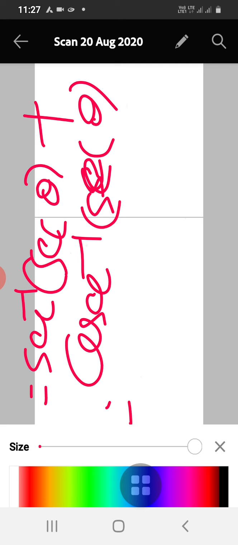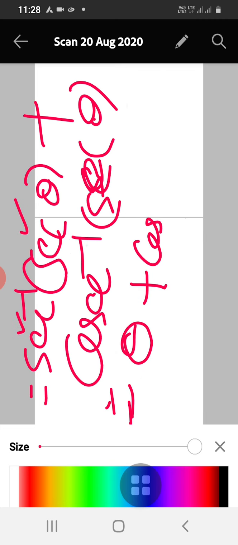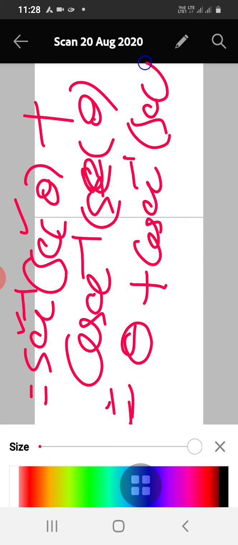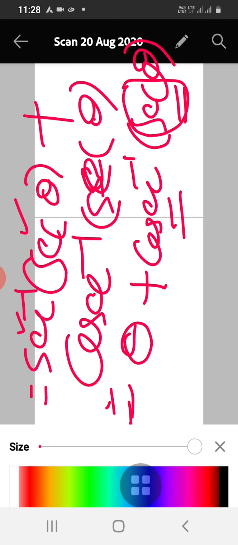The secant inverse of secant theta means theta. Plus, here is cosecant inverse of secant theta, so I can write this as it is. Here cosecant inverse is outside and secant is inside, so we cannot write it as theta. So we have to convert this secant to cosecant, as we did in the previous result.